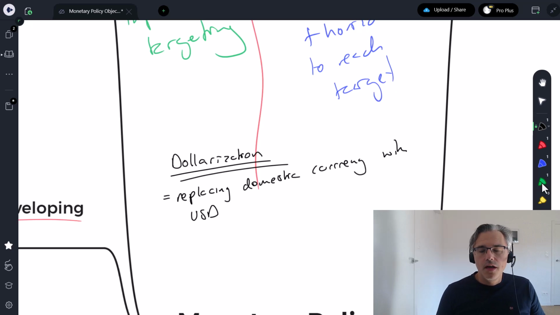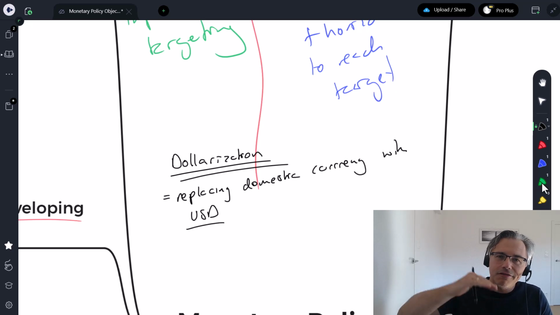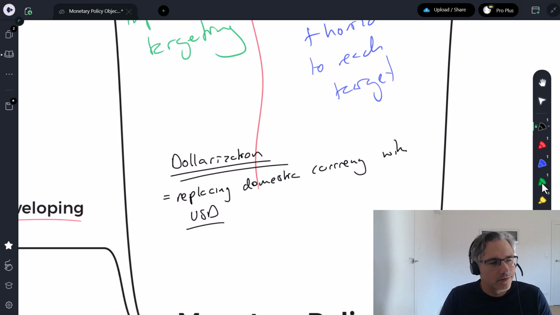Okay. And this has been the case, as your book notes, in places like Panama or Ecuador. Relatively, you know, not the biggest countries in the world, especially Panama. That's a different level. That's not even trying to keep an exchange rate, but replacing your own currency with somebody else's.